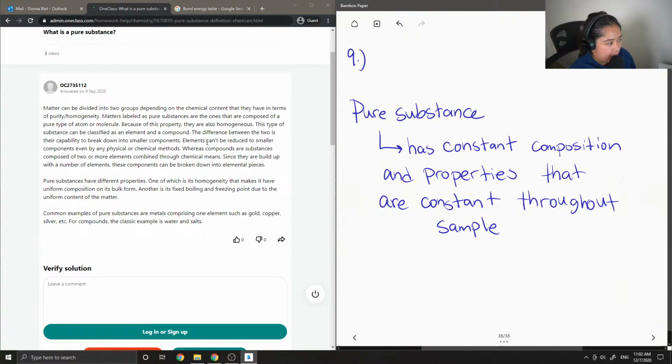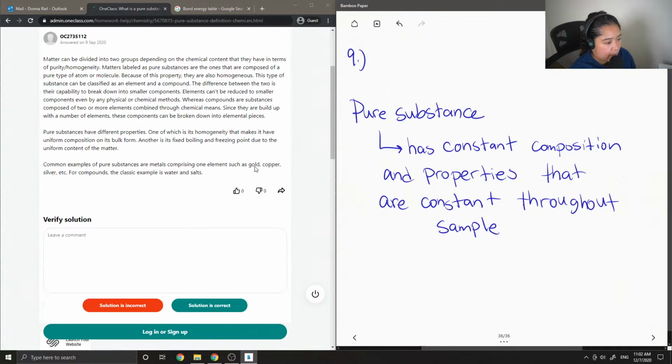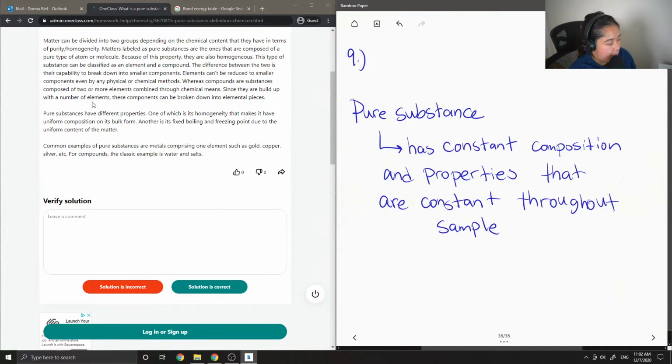The difference between the two is their capability to break down into smaller components. Elements can't be reduced to smaller components even by any physical or chemical methods, whereas compounds are substances composed of two or more elements combined through chemical means. Since they are built up with a number of elements, these components can be broken down into elemental pieces.